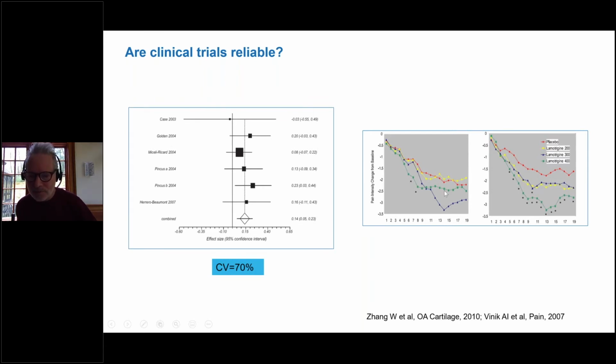And this is just an example from the pain literature, which is where I spend most of my time, showing that even the placebo group in red varies wildly from one trial to another, let alone the responses to active drugs. And in this particular case, one trial was positive, one trial failed, and the program was killed. This is lamotrigine for painful diabetic neuropathy, and this is not unusual.